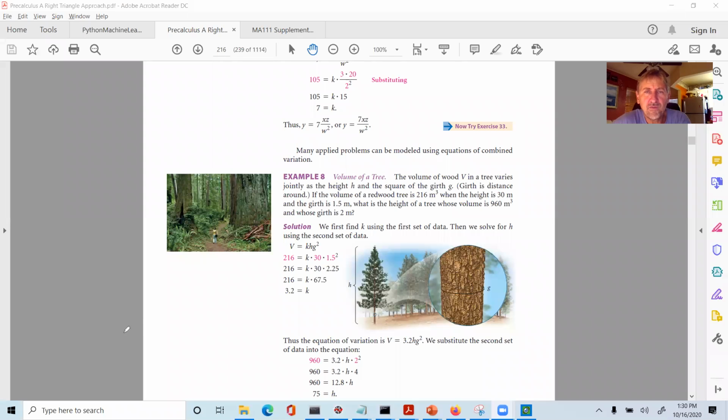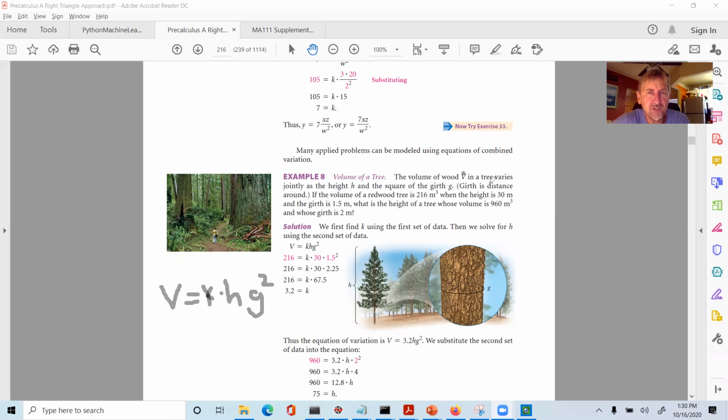The volume of wood varies, so V equals k times, now it says jointly as H, so k times H. And jointly means there are 2 of them, and the square of the girth, so k times H times G squared.